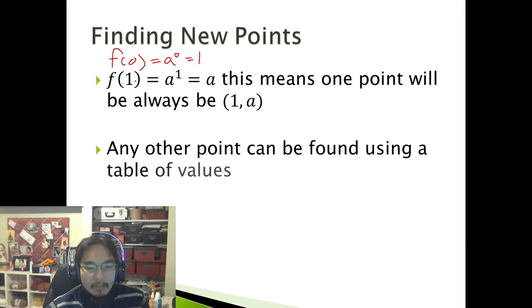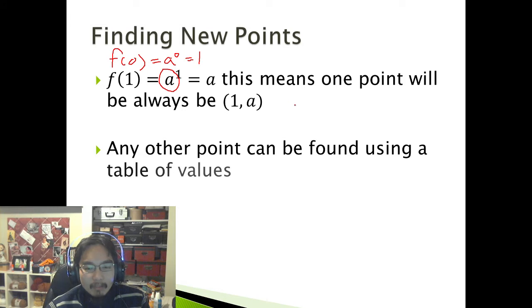And you can also know what f of 1 is, because f of 1 is just whatever your base is. I forgot to mention, this number is called the base. Whatever the base is taken to the power of 1, that's going to equal the base. So you know at least two points.